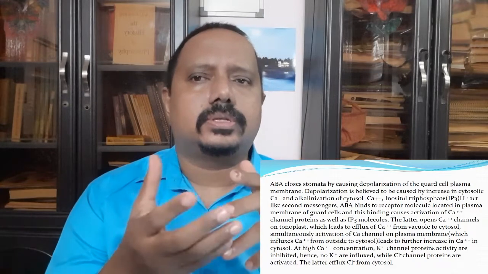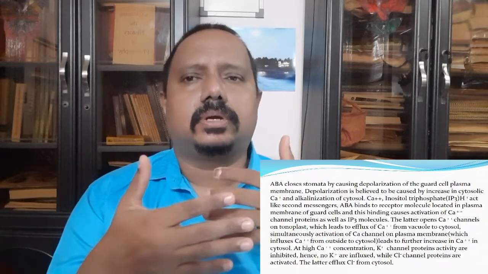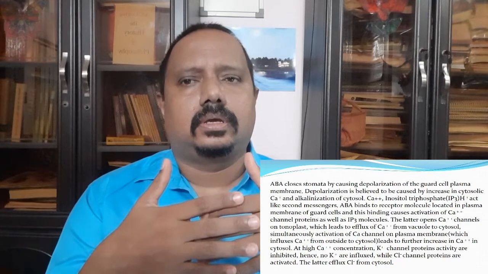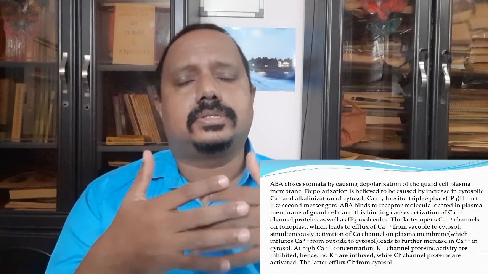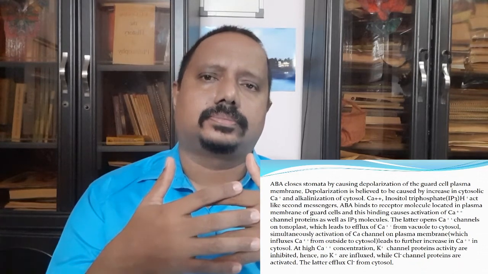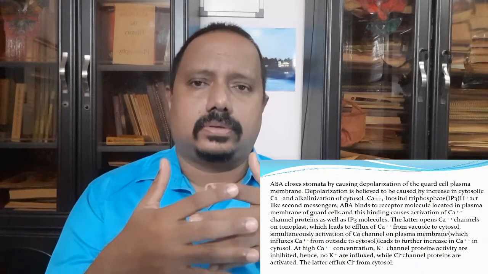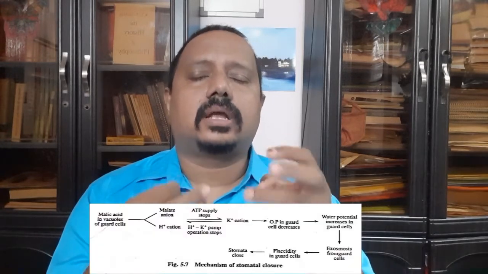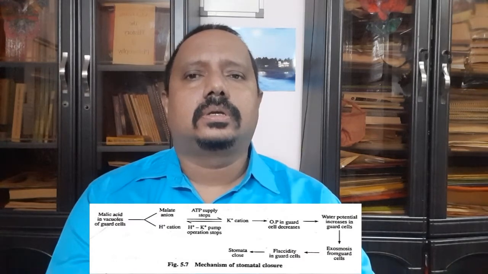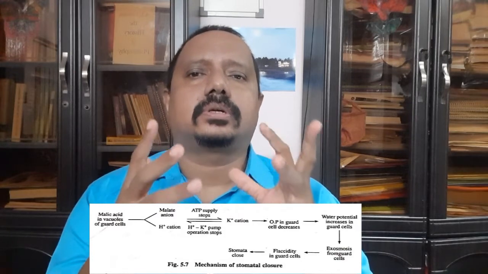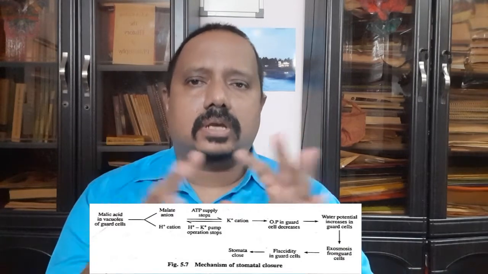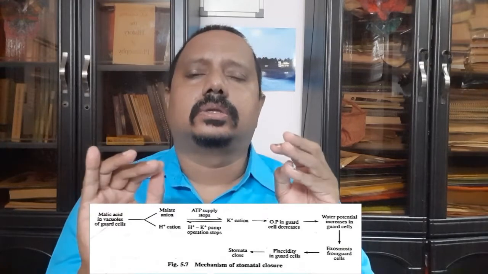It does not enter into the cell, but it is received by the receptors on the surface of the guard cells. And there are some secondary messengers inside the guard cells such as inositol and calcium ions. The calcium channels of the vacuole open up and calcium ions come into the cytoplasm. So there is a plenty of positive ions in the cytoplasm. When calcium ions accumulate in the cytoplasm, automatically the potassium channels get closed.